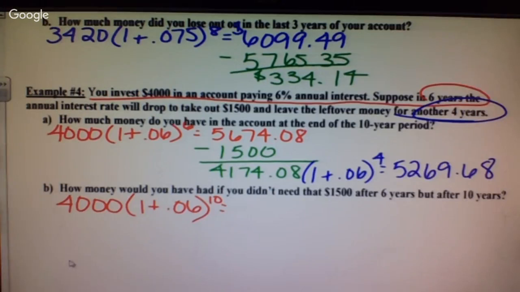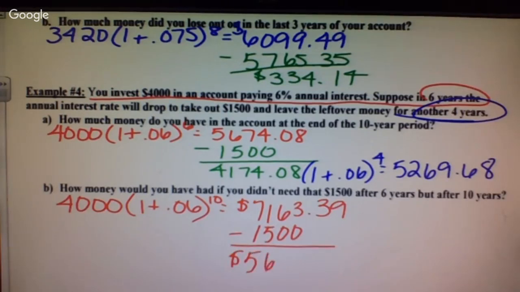It's 7,163.39, and then I'm taking out the $1,500. So I would have finished at 5663.39.